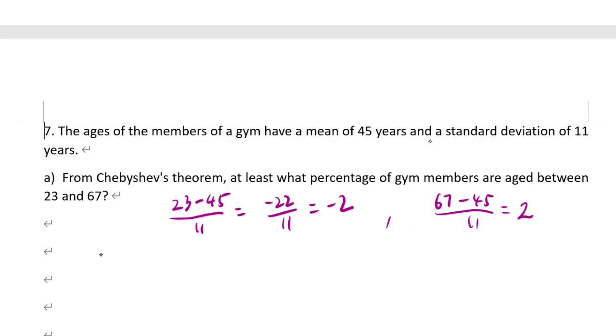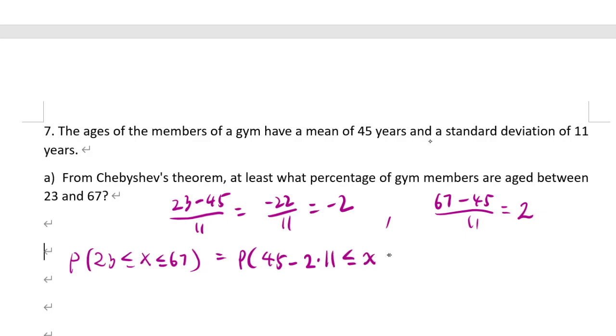So we know that 23 < x < 67 is really the probability that you have 45 minus 2 times the 11 < x < 45 plus 2 times 11.